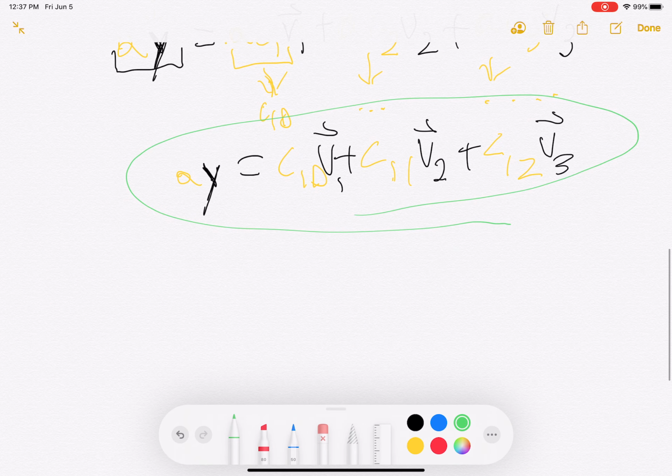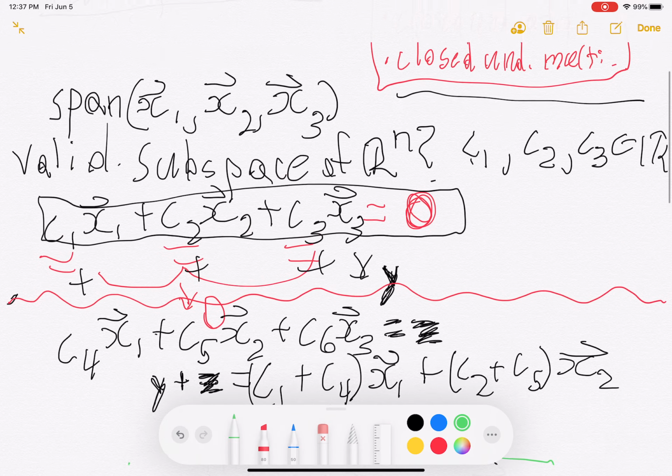It's just three arbitrary constants that are members of Rn multiplied by our span of vectors here.